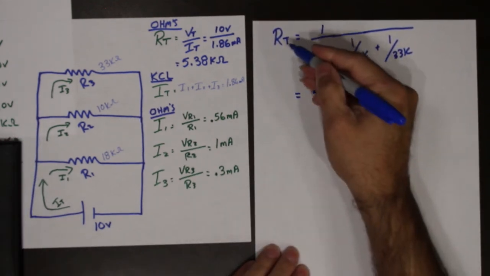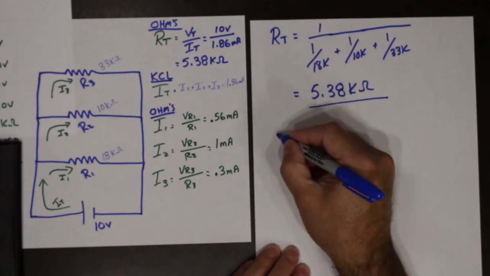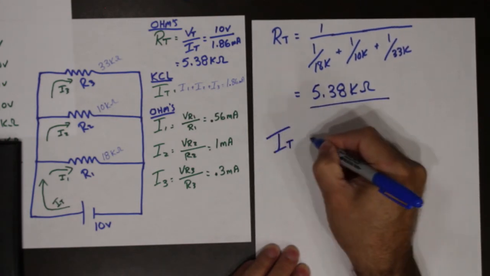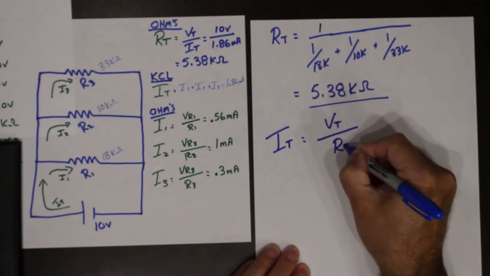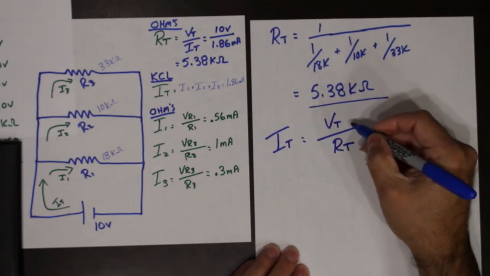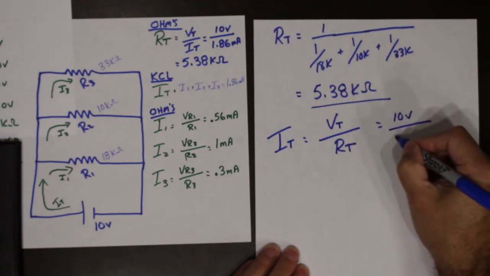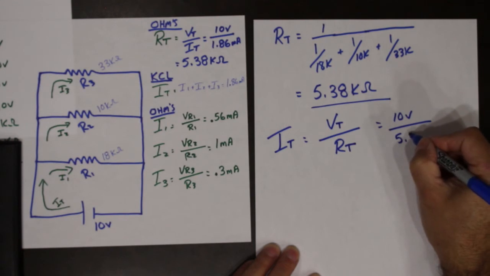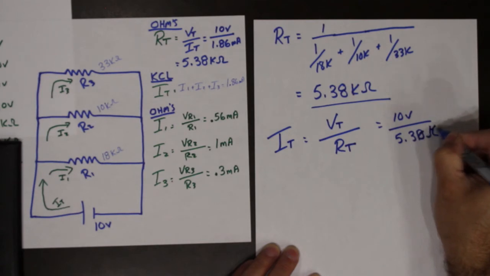then we have a very good assumption that those two are correct. So now we know this. We can say that I total is equal to V total over R total. We know that V total was 10 volts. We know that we've just calculated R total at 5.38 kiloohms.